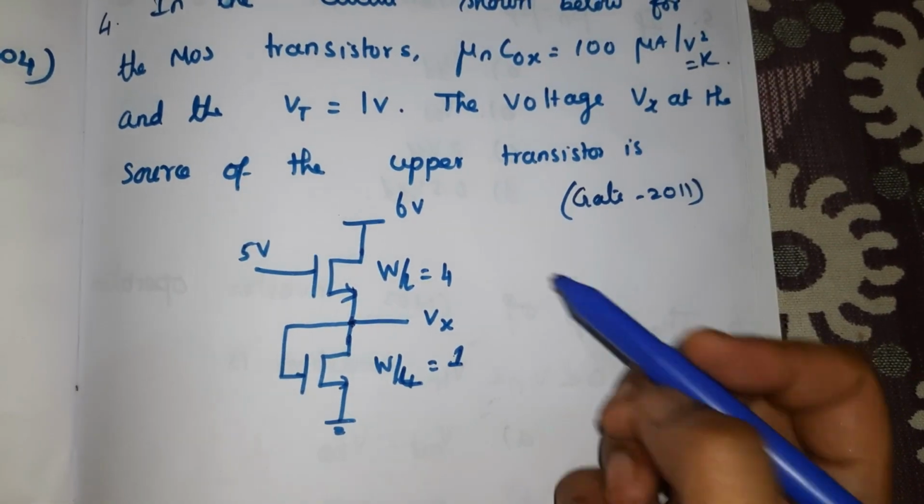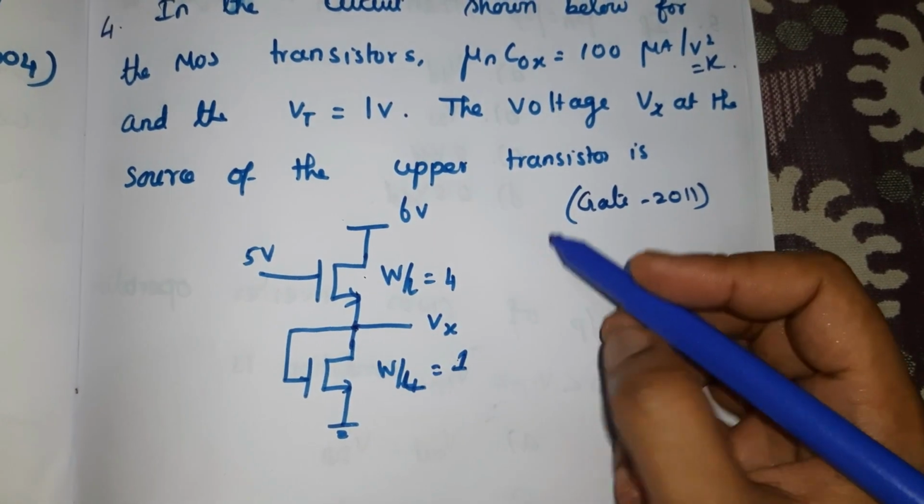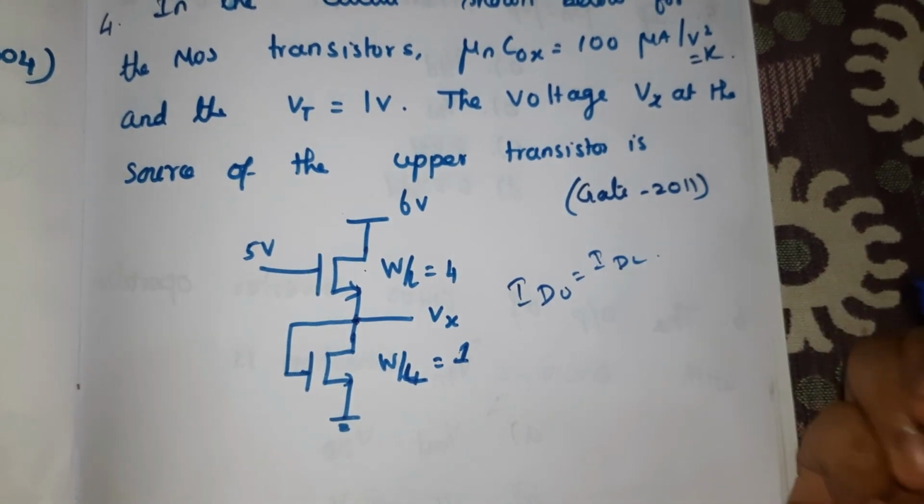This is a condition, and also the current flowing through this transistor and this transistor are equal, that is ID in the upper transistor is equal to ID in the lower transistor.